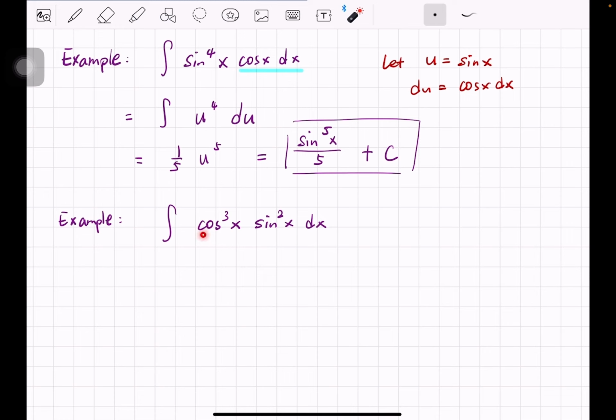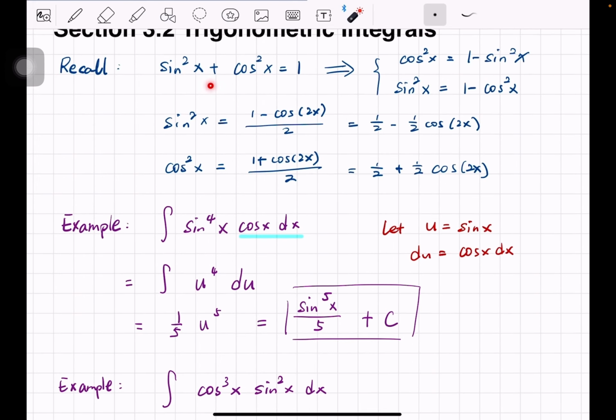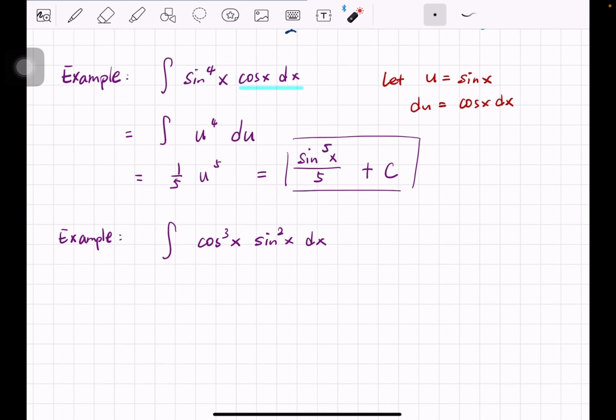But here we do not have just sine of x dx or cosine of x dx. We have cosine to the third power and sine to the second power. So for this one, we use the Pythagorean identity. We're going to rewrite sine squared x in terms of 1 minus cosine squared x.